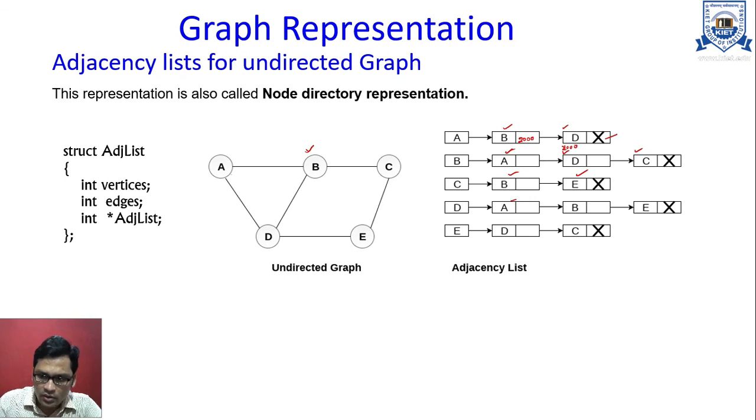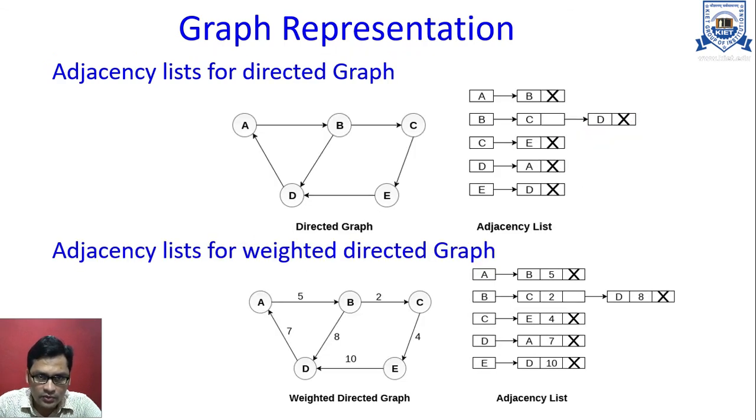Now let's see the adjacency list for directed graph and weighted directed graph. In case of a directed graph, simple. Ordered pair is there. A is connected with only B, not D. This is not a direction. So A is connected with B, and this is the null pointer. Similarly, B is connected with C and D, right?